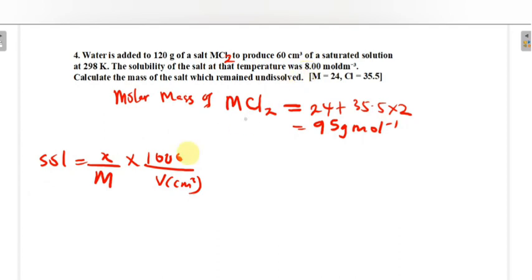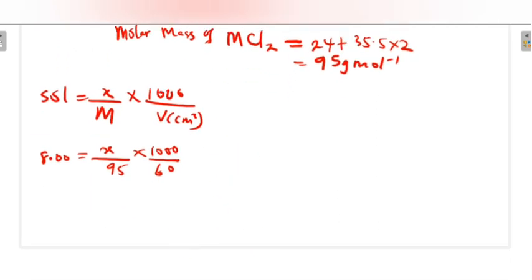So the solubility is 8.0 is equal to x all over molar mass. That's 95 times 1000 divided by the reacting volume, which is 60. So I'm just going to work this out. I have 8.00 is equal to 1000x divided by 95 times 60. That's equal to 5700.